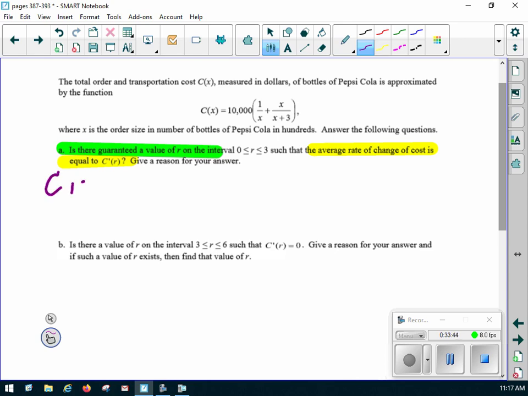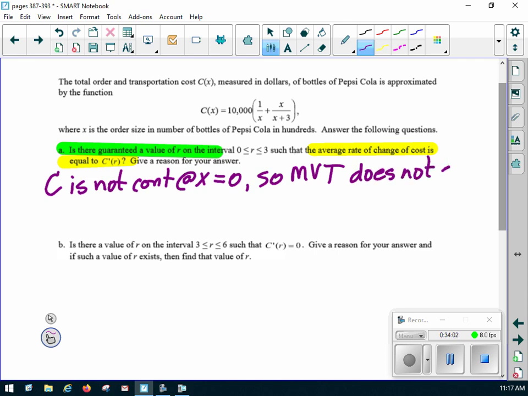So you're going to say this: C is not continuous at x equals 0. So mean value theorem does not apply. There is not a guaranteed value.